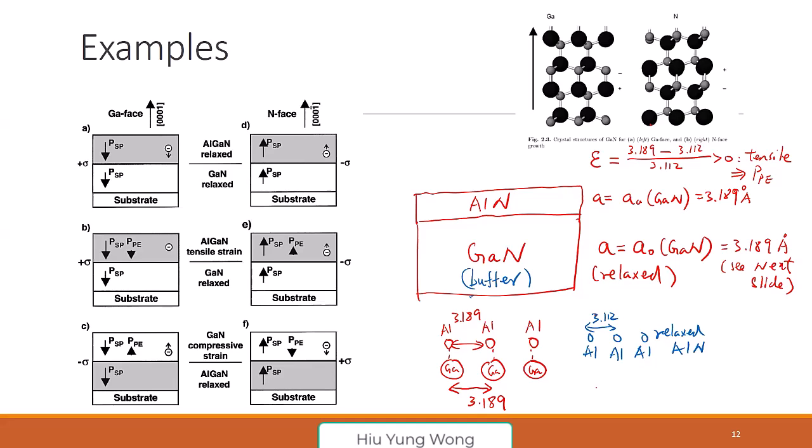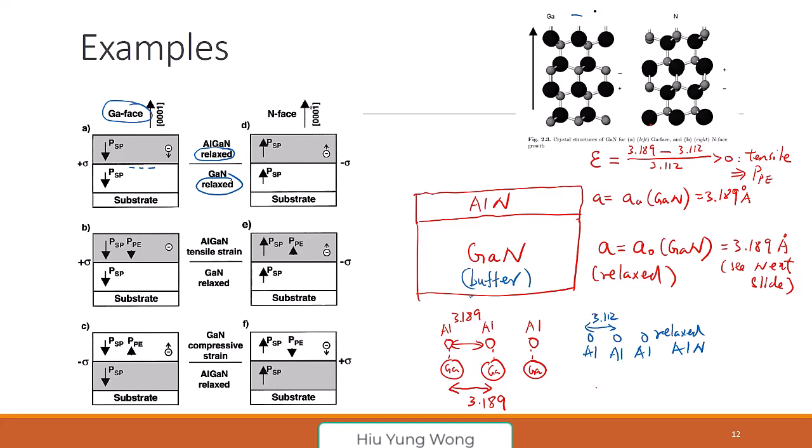Now let's look at the system again. This is gallium face. So now we put aluminum gallium nitride on top. If both are relaxed, then what happens? Again, the bottom is gallium nitride. At the bottom, this is gallium face, I have three negative polarization charges, right?